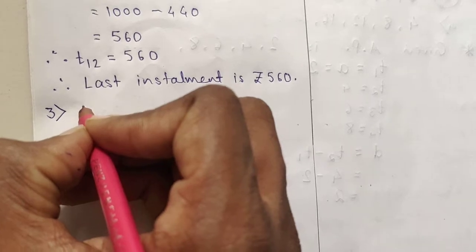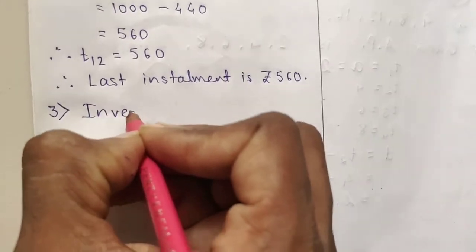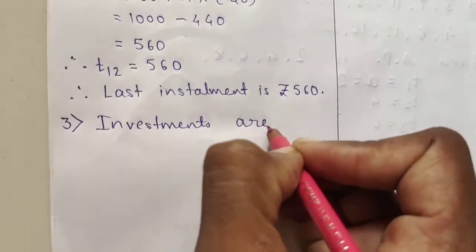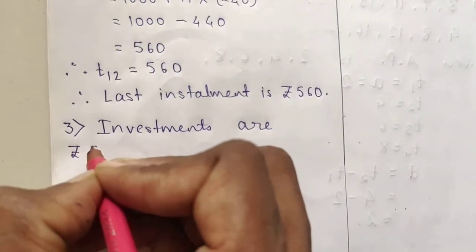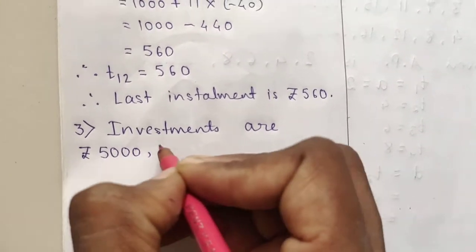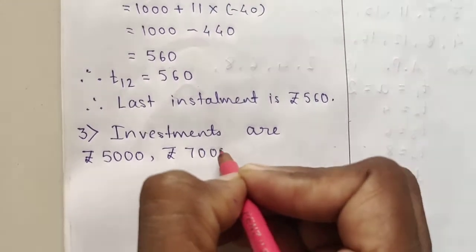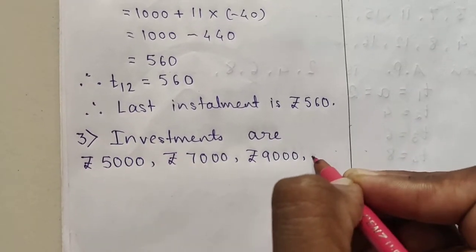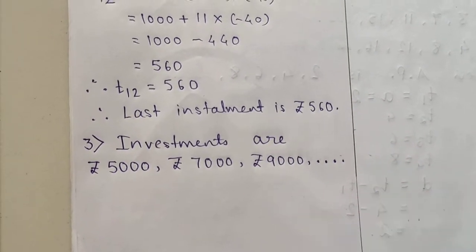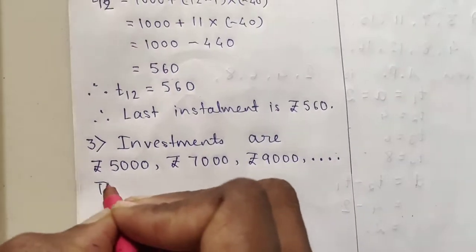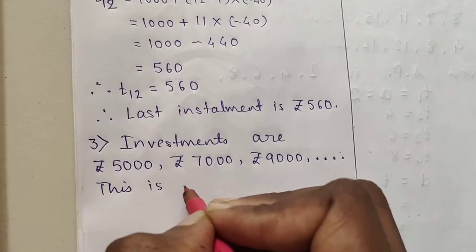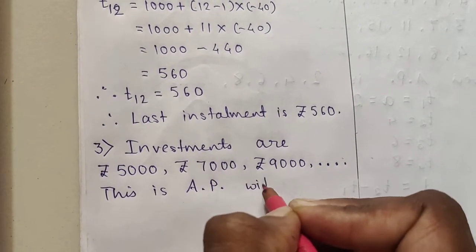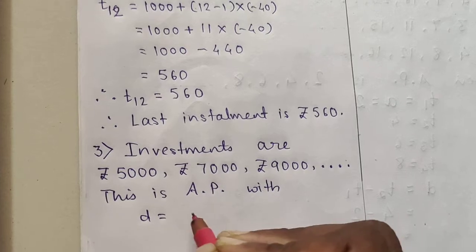So we are given that the first investment is rupees 5000, then rupees 7000, then rupees 9000, and in this way it continues. So clearly this is an AP with the difference of 2000, right?